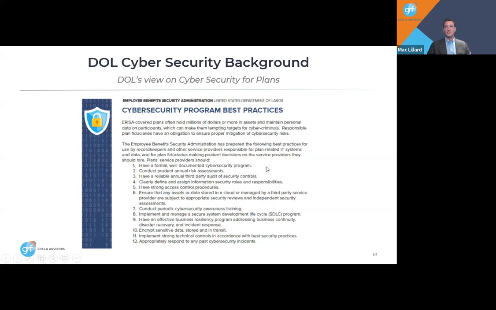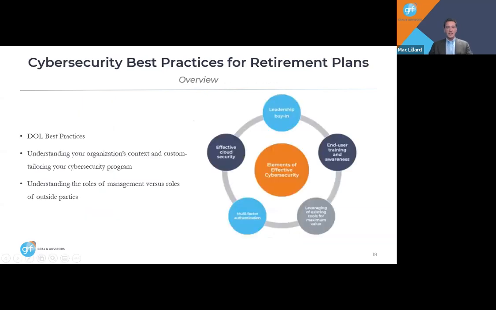So jumping into the next slide, this again shows some elements of effective cybersecurity: understanding your organization's context, understanding what framework you're operating on, where your risk or your liability is posed, understanding the size of your employee benefit plan.